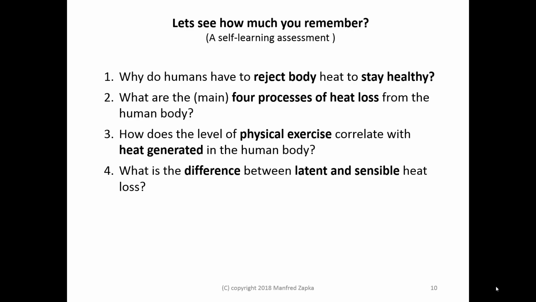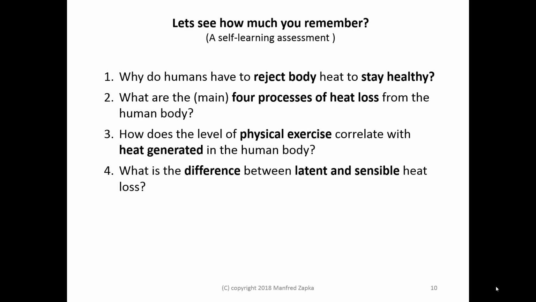So we have covered all that we wanted to cover in our short video. And now we make a self-learning assessment, and let's see how much you remember. We would like to invite you to test yourself. So the first question is, why do humans have to reject body heat to stay healthy?